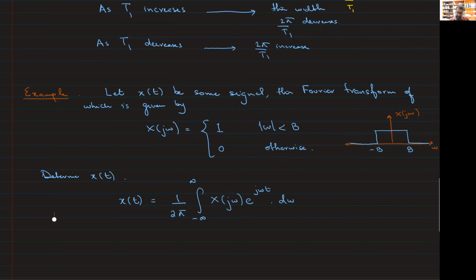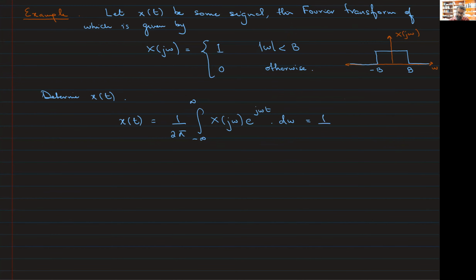And what does this reduce to? This reduces to 1 upon 2 pi, and this integral goes from minus b to plus b, of e raised to power j omega t times d omega. Okay. What is this equal to? This is equal to 1 upon 2 pi, and I have j t in the denominator, and this is e raised to power j omega t evaluated between b and minus b.